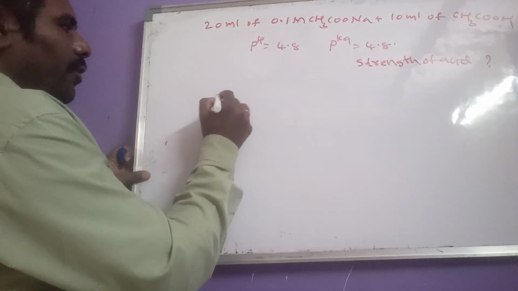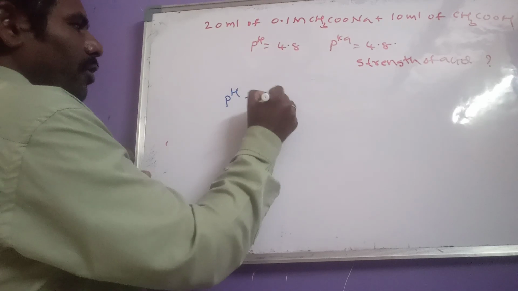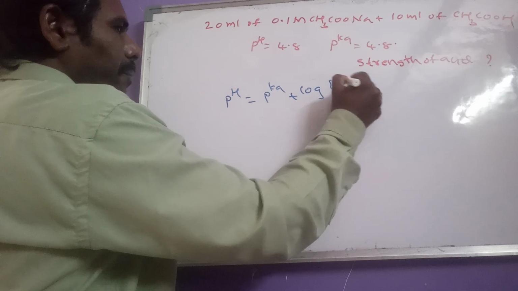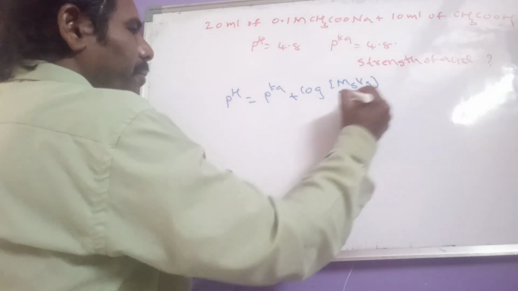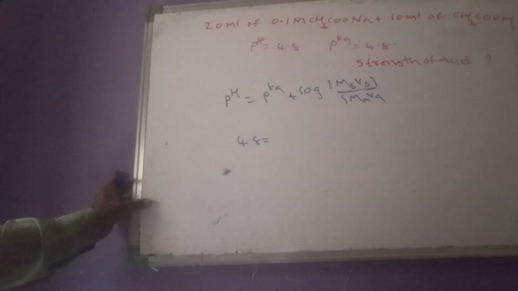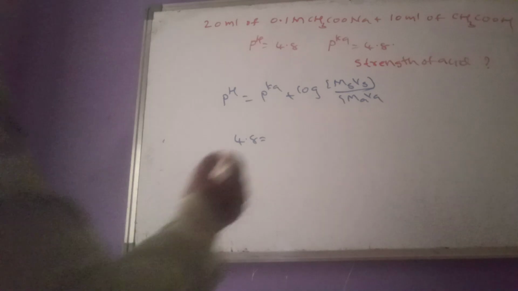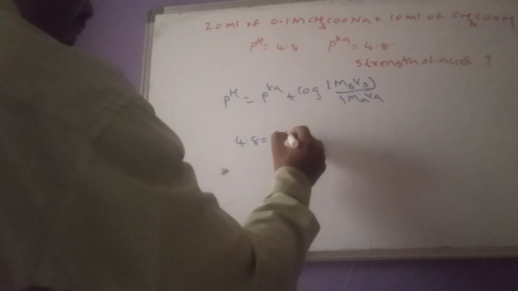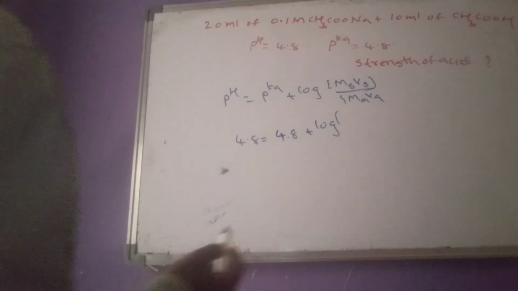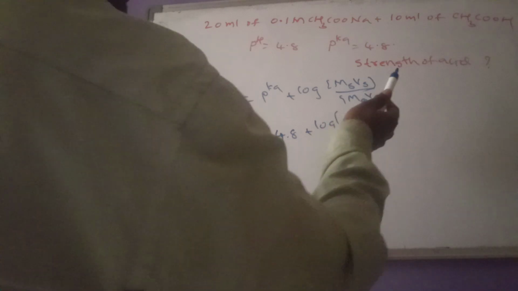So you have to write the formula here. pH equals pKa plus log Ms into Vs by Ma into Va, and both pH and pKa values are the same here. How much? 4.8 and 4.8, plus log Ms into Vs. So what is the salt concentration they have given in this problem?